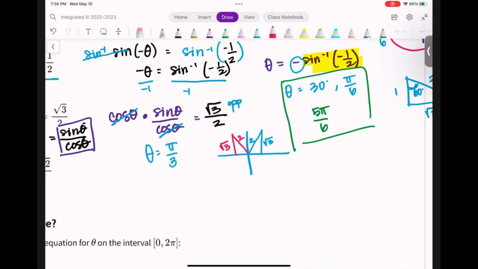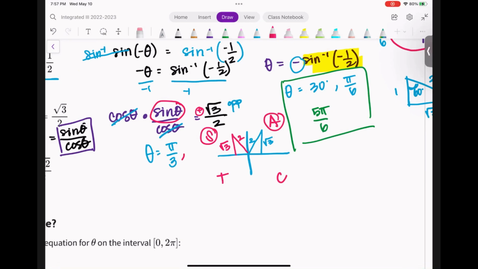And I'm like, yeah, that's right. Another way you can come up with that second one is by using that acronym that we were talking about. All Students Take Calculus. Because we're in sine, we're looking for where else sine is positive. That's in All and in Students, so it's basically these two angles.